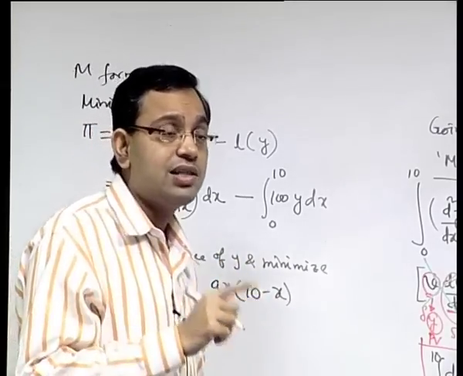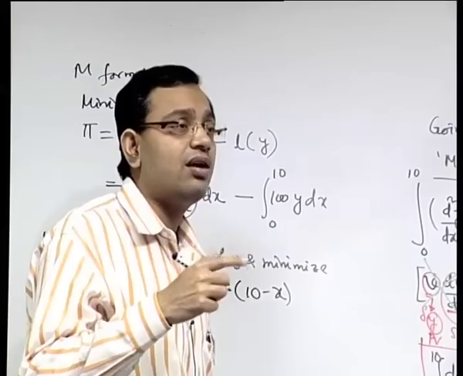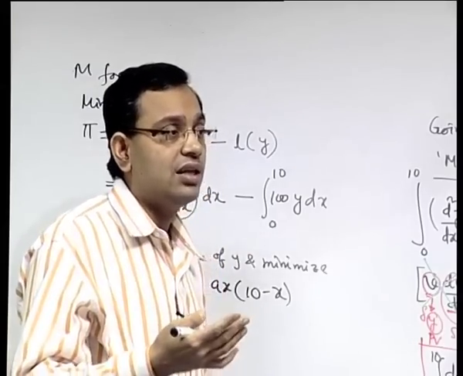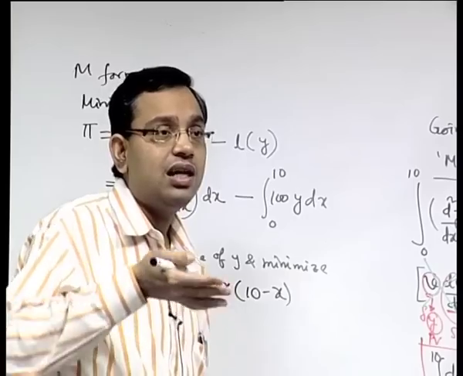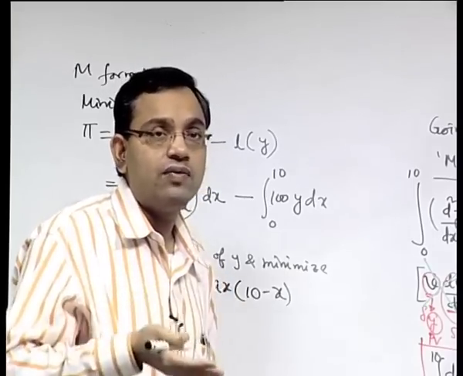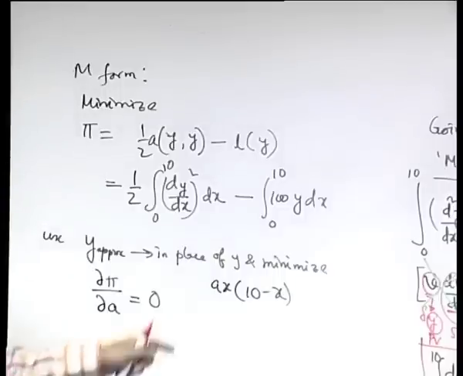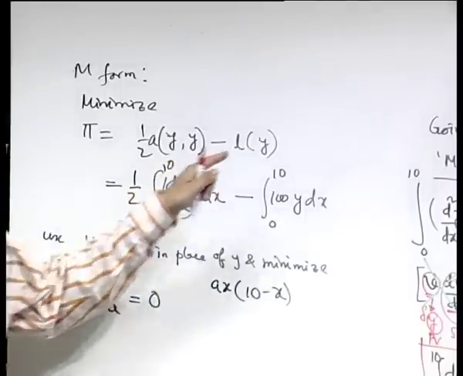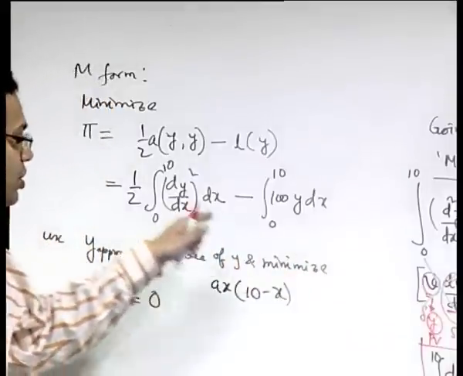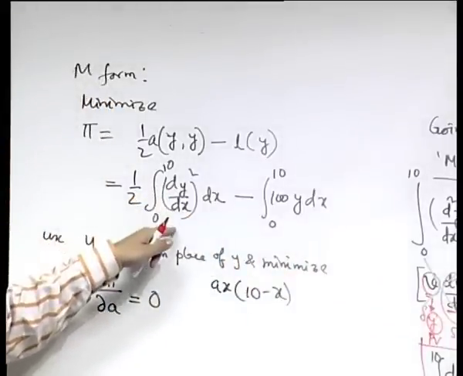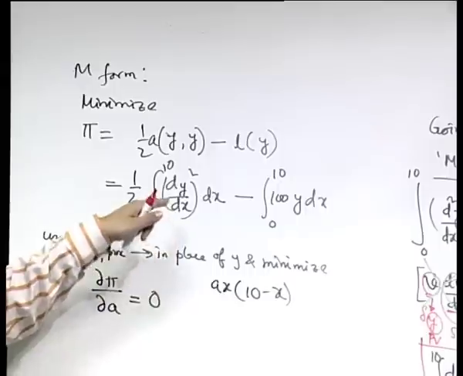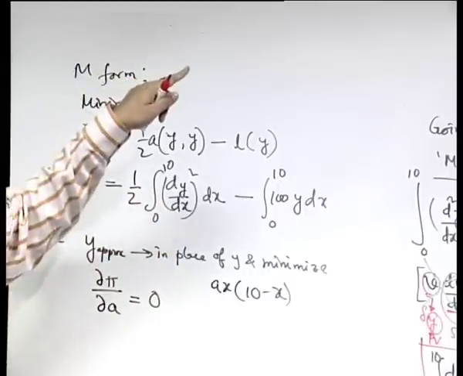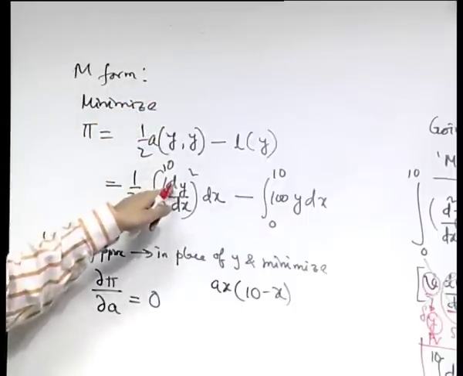Why? Because there you did not utilize the integration by parts and the related reduction in the order of the continuity requirement. Here you have already utilized integration by parts, so the continuity requirement is one order less. A similar thing you can do for a fourth order equation, then you can come up with up to second order derivative.